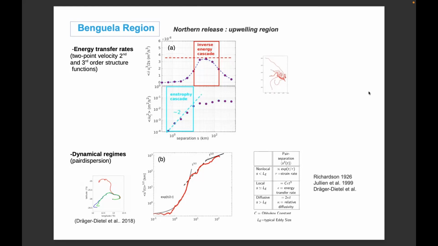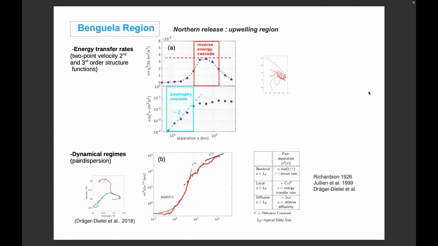Interestingly, we could combine this energy transfer rate with former work, namely that turbulence also shows up in kinematic properties. If you look at pairs that separate over time and average over all pairs, you have a specific temporal dependence. In the beginning, when the distance is smaller than the typical eddy size, there's an exponential growth.